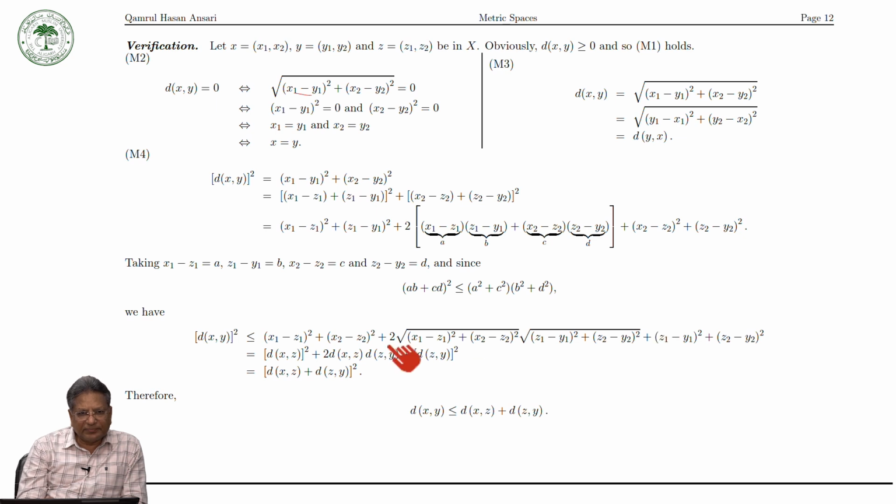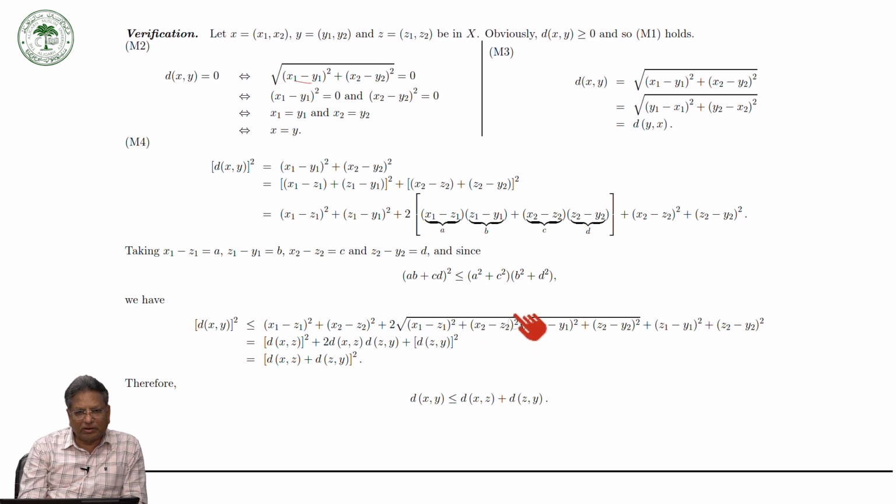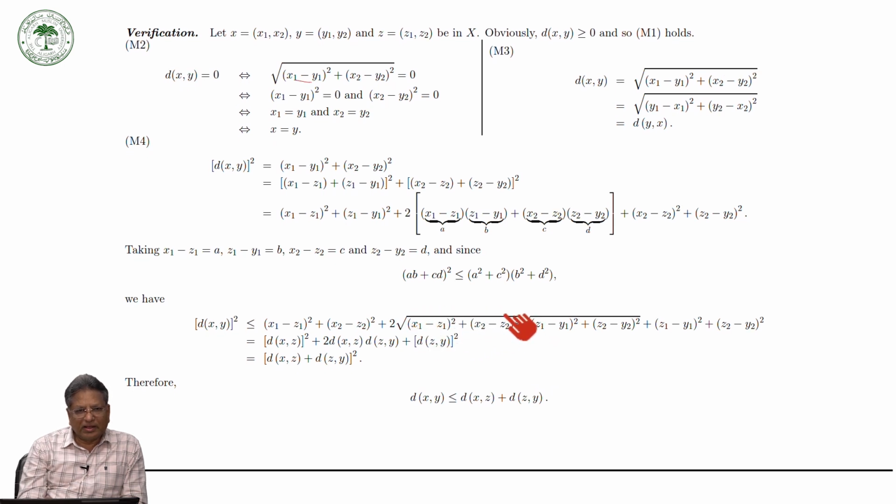If you calculate the first term, it is equal to dxz whole square, by the definition. This term is 2 times dxz into dzy. And this term is dzy square.